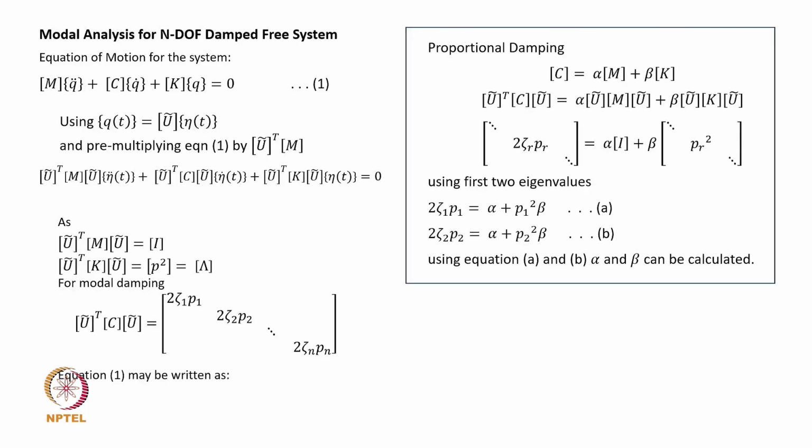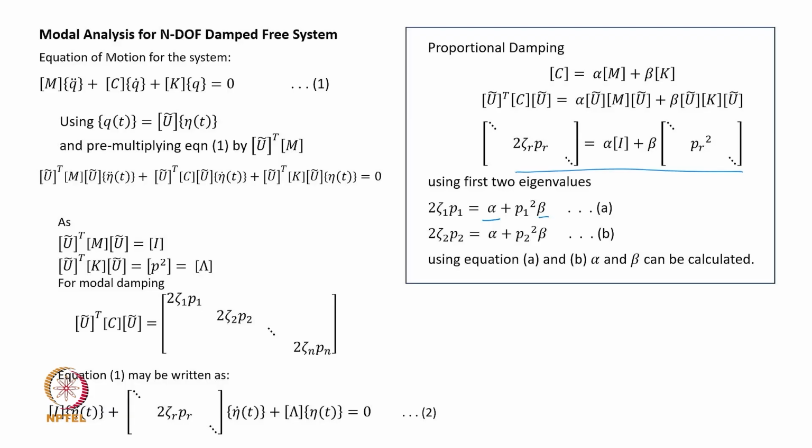We derived these expressions of how the modal damping ratios are connected to the arbitrary constants alpha and beta for a proportional damping assumption, and how by assuming them to be equal to the diagonal elements of the damping matrix, we can decouple the system effectively.